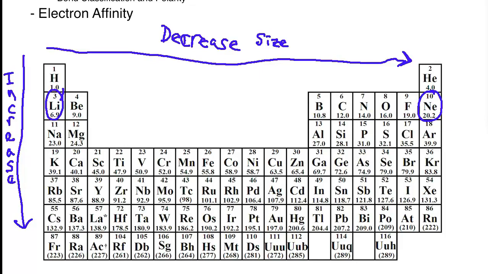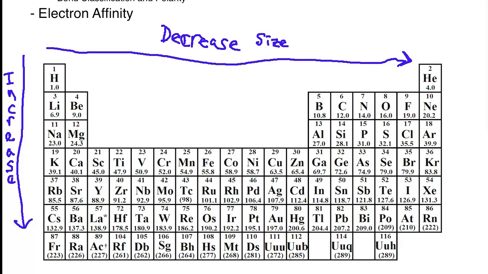Well, the reason for this is that as we go across, we're increasing Z effective. So think about what's happening. Lithium has the lowest Z effective, or the lowest effective nuclear charge. So lithium struggles to pull in its valence electron in comparison to beryllium.